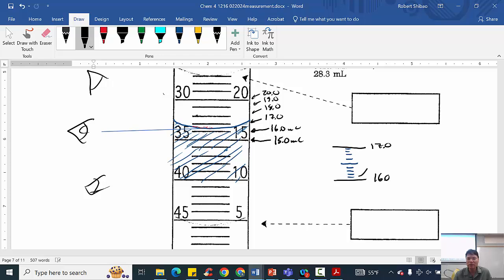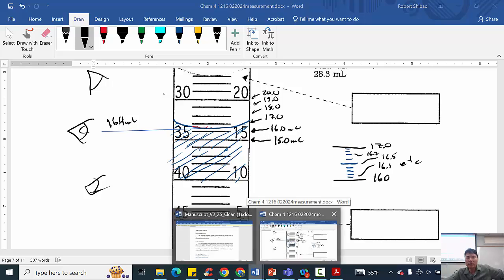And then I have these lines, which I made in my mind, 16.1, up to 16.5, up to 16.7, etc. And so all these are my guess. They aren't marked there, but we're allowed one guess. And so we're going to guess that this is like 16.4 milliliters. Okay, that's fine. I'll use that 16.4 milliliters as my volume.